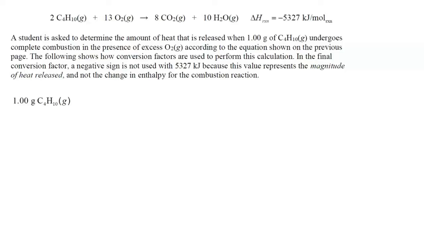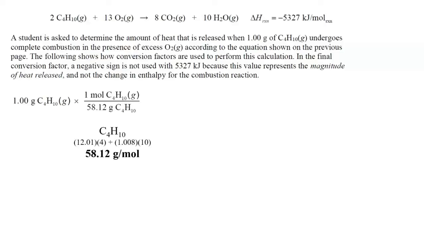Because we're starting with grams, we're going to go from grams to moles of butane. And on the periodic table, if we add up the atomic masses for 4 carbons and 10 hydrogens, we get a molar mass of 58.12 for this substance. So my first conversion factor is converting from grams to moles using the molar mass.